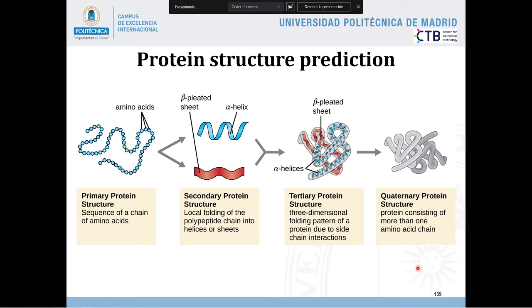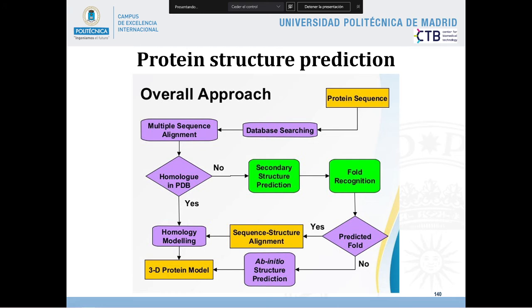This is not quite easy, but there are several ways to do it. This is a schema of the different things that we have in mind when we do this. As you can see, one of the first approaches is to multiple sequence align the original protein sequence, because with that sequence we compare in different databases with other proteins whose secondary, tertiary or quaternary structure we already know.